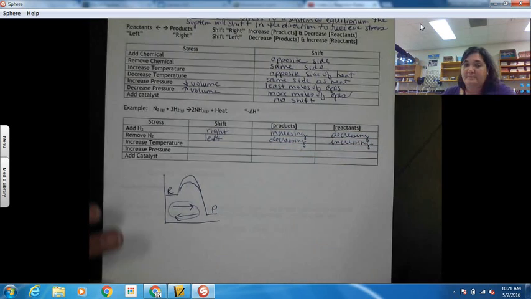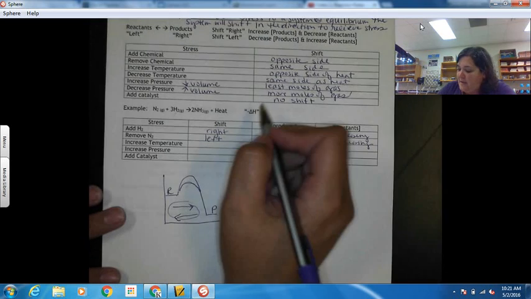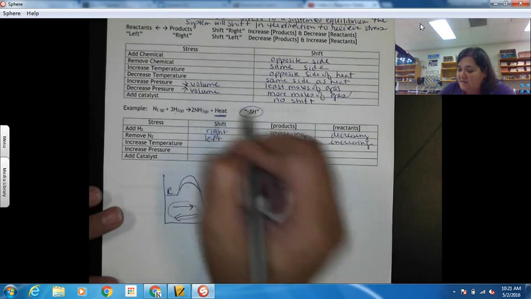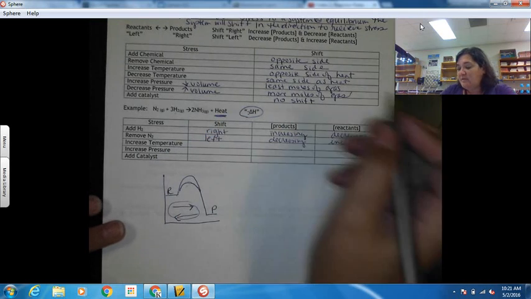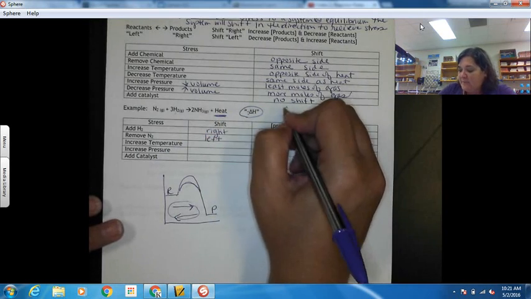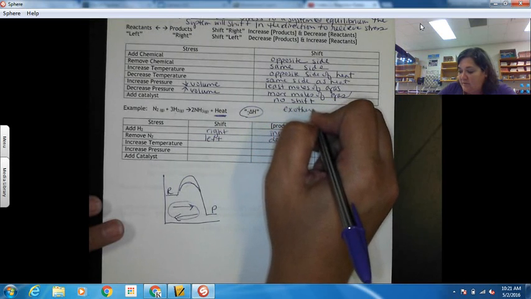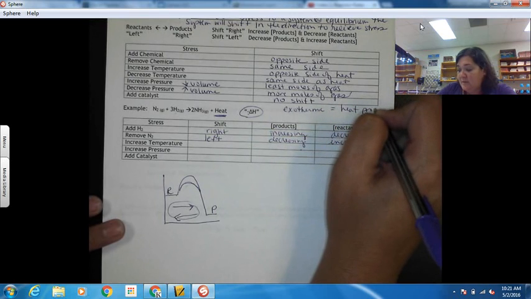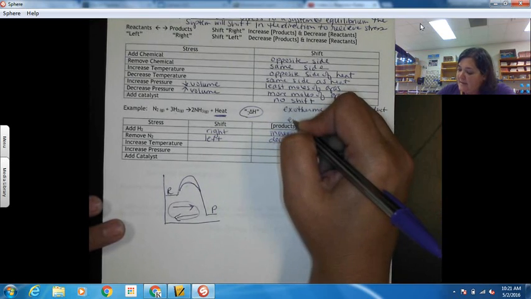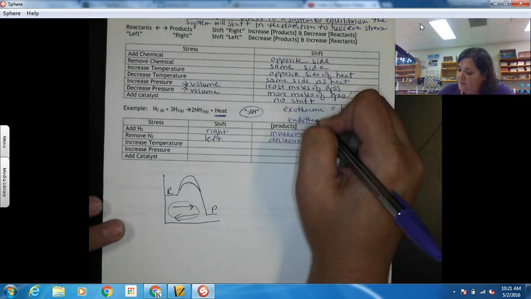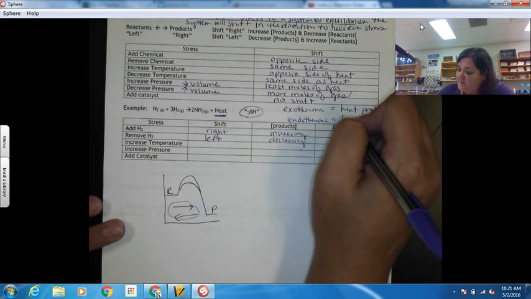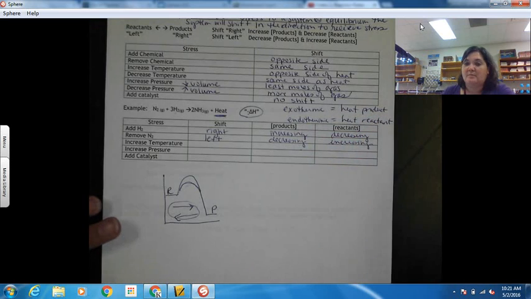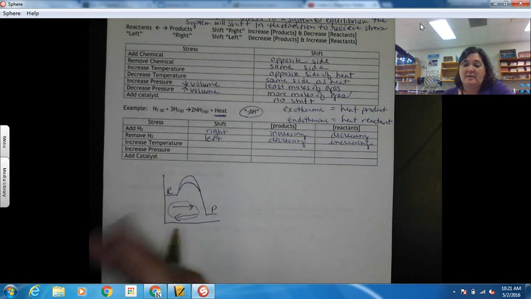Okay? Now our temperature. Here it tells us our delta H is negative, and so that means our heat is a product. Exothermic means heat is being produced, so it's a product. Endothermic would mean that heat is a reactant, because you have to add it to the beginning of the reaction.